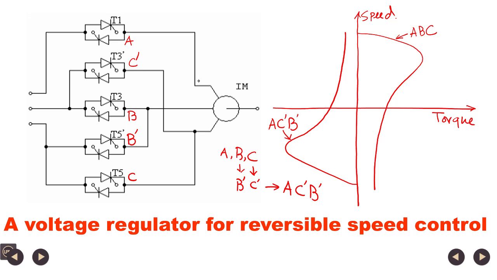So, with phase sequence A, B, C, forward motoring is obtained. And with phase sequence A, C dash, B dash, reverse motoring is obtained, and plugging is obtained in the second and fourth quadrants.